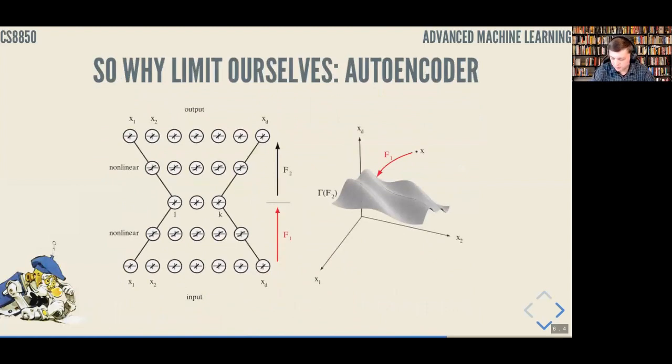So with autoencoder, since this is already a hard problem to optimize, why would we even limit ourselves to the linear case? Let's add nonlinearity and more than two shallow matrices.